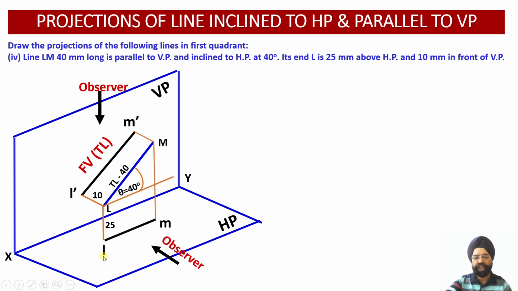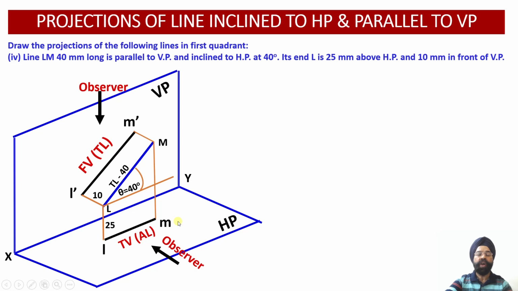This point is called small l, and the point M will get projected on horizontal plane at small m point. And you can see the length of this line is bigger, true length, and length of this line is smaller. That is why we call this line apparent length.